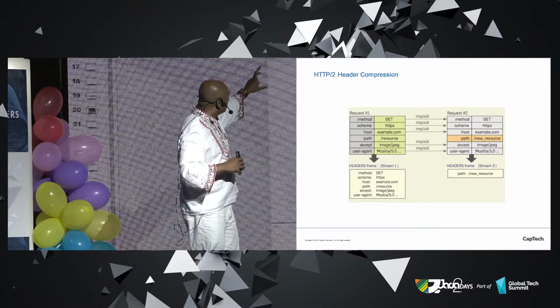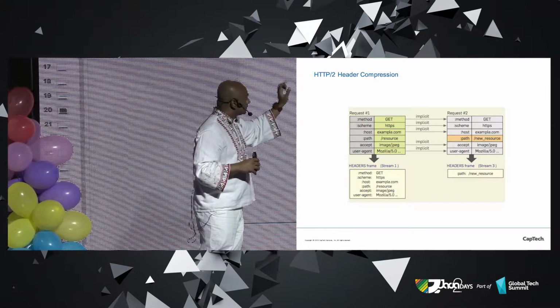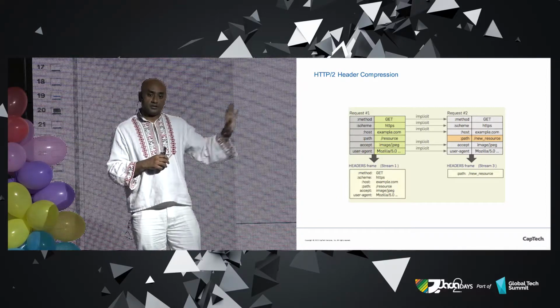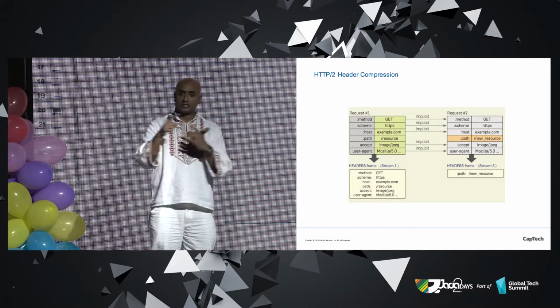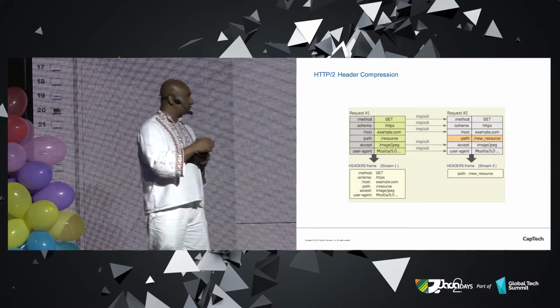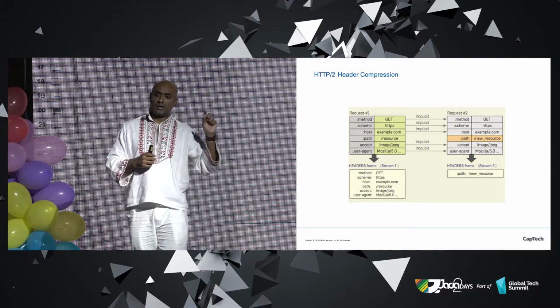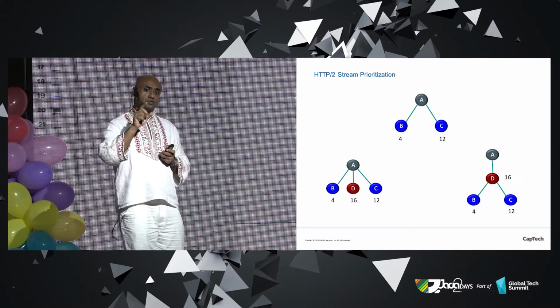On the first request, I've sent out all of these headers. On my subsequent request, the only thing I really need to change is simply the path, okay? The rest of it is all the same, and the client and the server can track this now. So on subsequent requests, they can simply exchange a single header. Okay? So you can imagine how much this is going to cut down on the amount of data that you need to pass back and forth.